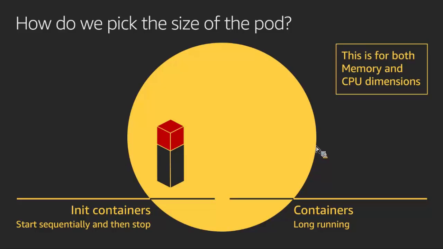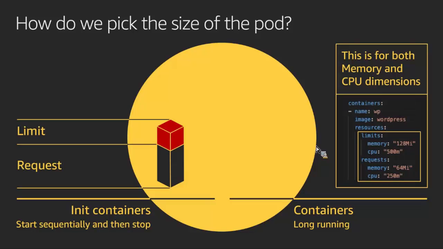So imagine that you have the first init containers, and each container that you're going to run in a pod has implicitly or explicitly set a couple of things: the limit and the request. And as I said before, this is bidimensional. For both memory and CPU, there is limit and request. Request is the amount of memory and CPU that container needs to have available to be able to run.